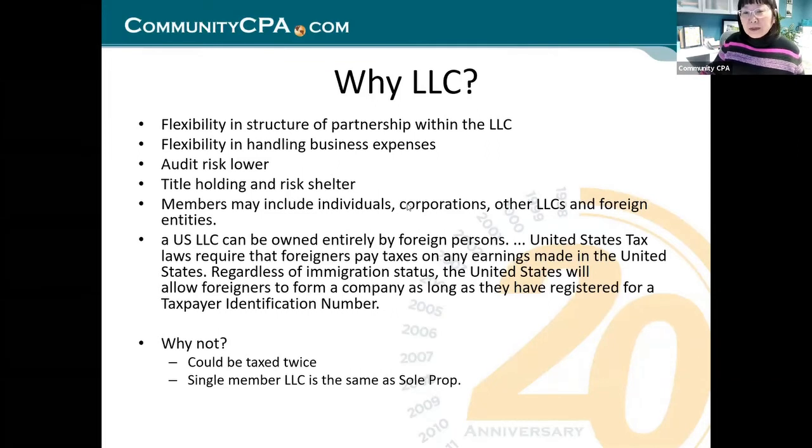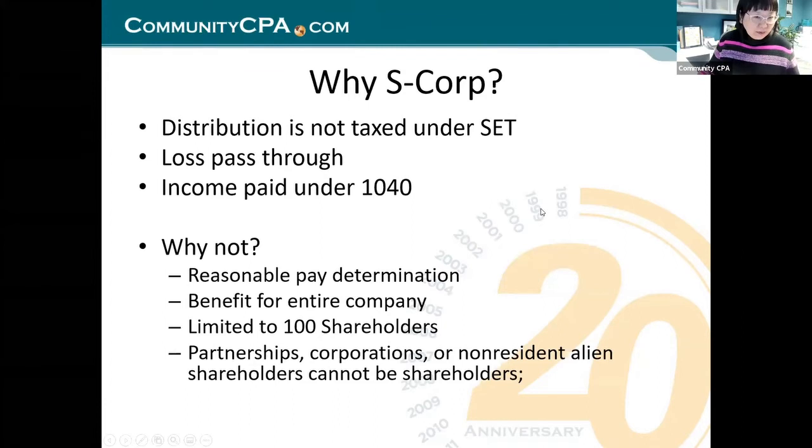And the members include individuals, corporations, and other LLCs, and then the foreigner as part of the LLC. So why not? It could be taxed twice. A single member LLC is the same as a sole proprietorship. Okay. The next one I want to talk to you about is the S-corp. So why S-corp? People want to do S-corp, right?